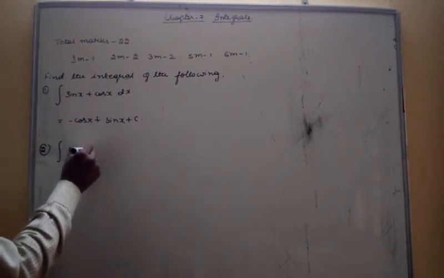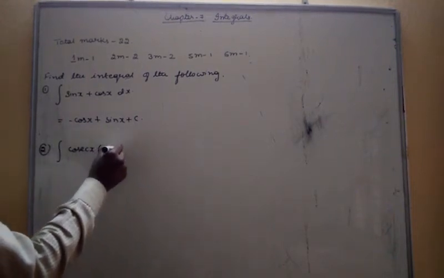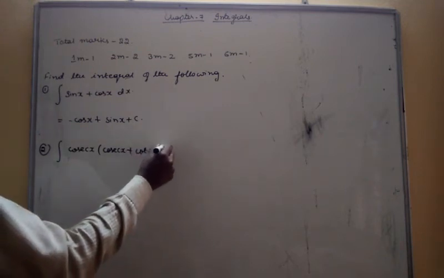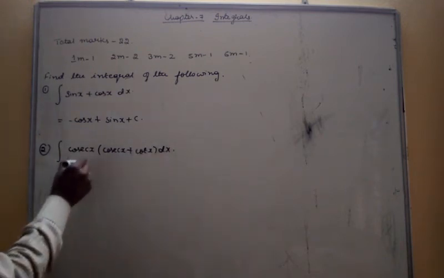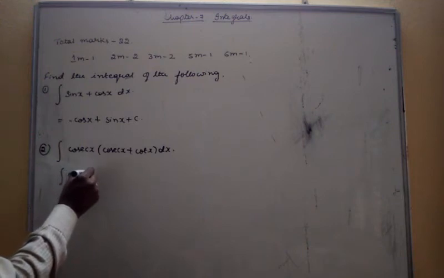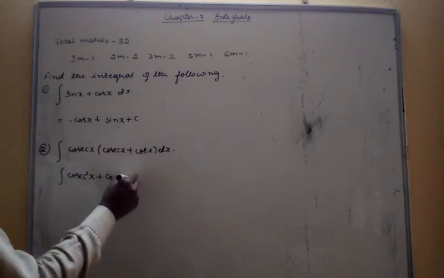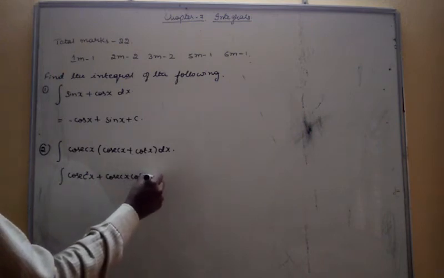Okay, let us go for the next type of problem, the second one. Integration of cosecant x into cosecant x plus cot x dx. If you multiply, cosecant x into cosecant x gives cosecant square x, plus cosecant x into cot x dx.